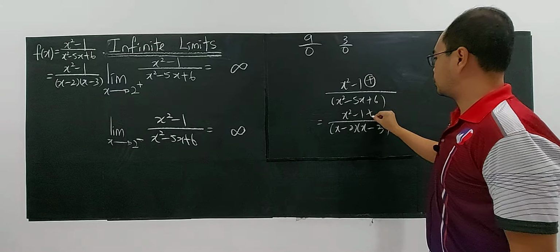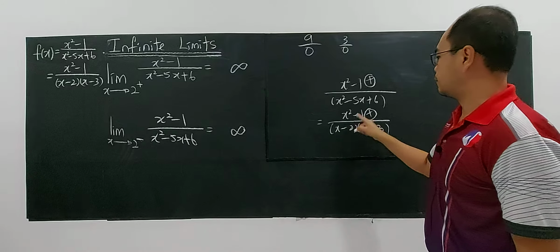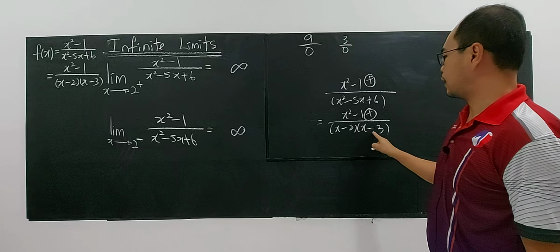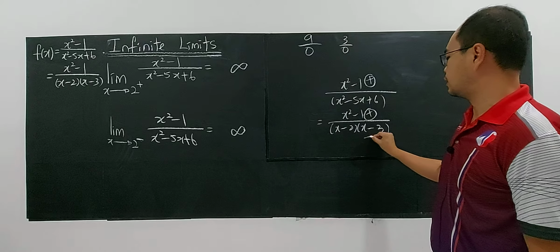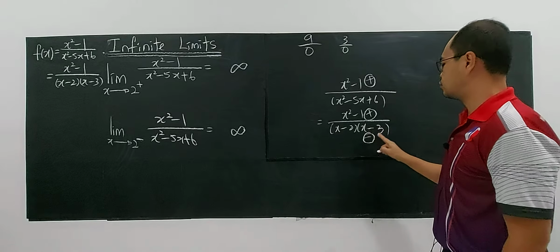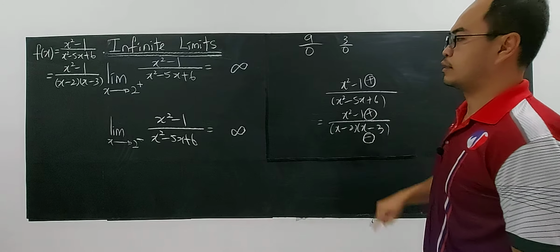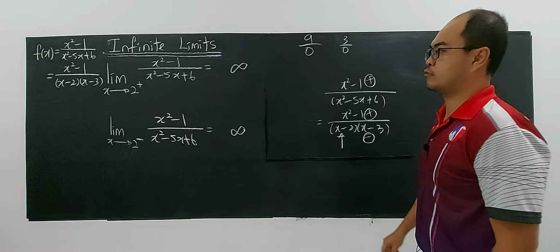But now you substitute 2 into x minus 3, you can substitute because it's not 0. 2 minus 3 is a negative number. So this one is always positive, this one is always negative. So this is the one that determines whether it is positive or negative in this case.